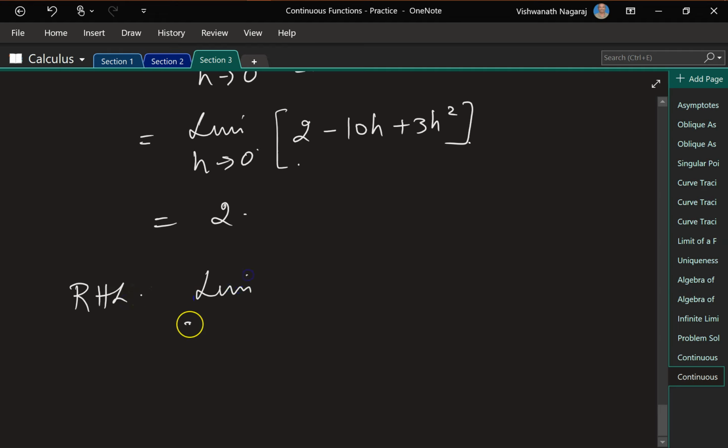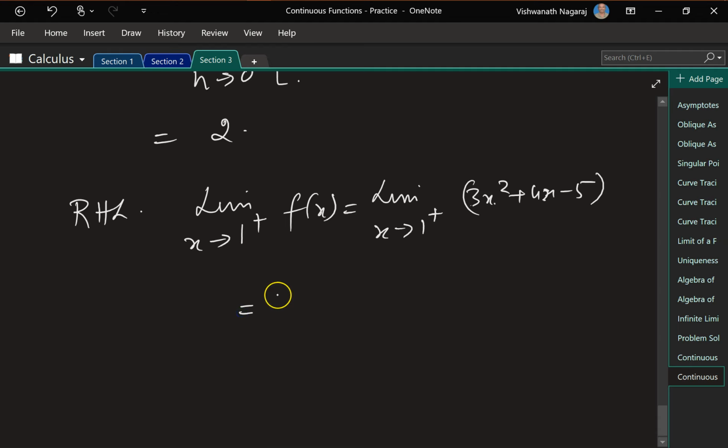Limit as x approaches 1 from the right hand side of f of x is equal to limit as x approaches 1 from the positive side of 3x square plus 4x minus 5, which we can write as limit as h approaches 0 of f of 1 plus h.